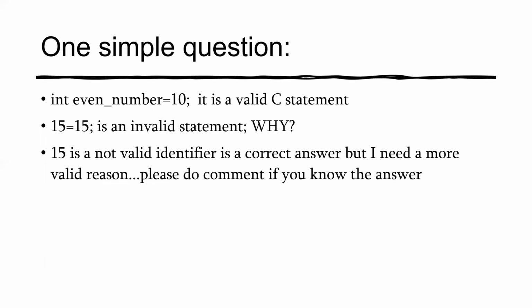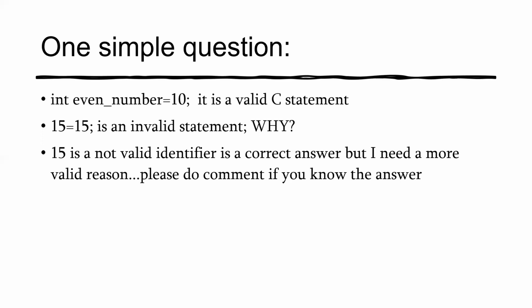I just want to ask you a very simple question. Here, int evennumber = 10 is a valid statement, but 15 = 15 is an invalid statement. Why? You may say the simple answer that 15 is not a valid identifier name because it is starting with a number. Yes, it is a correct answer, but there is also another reason why 15 = 15 is an invalid statement.